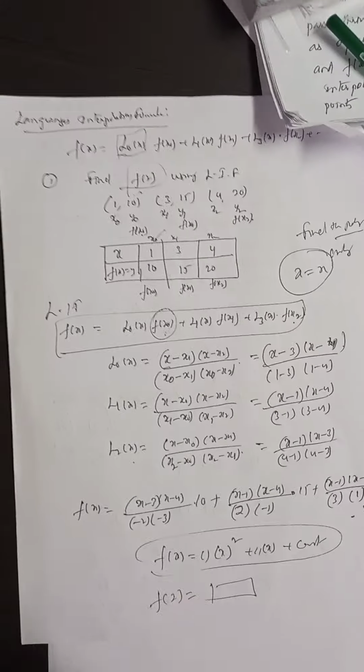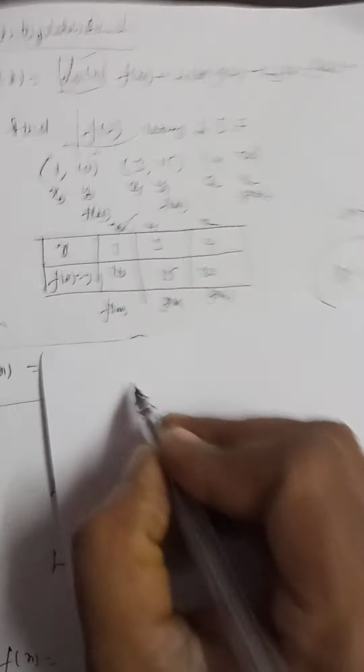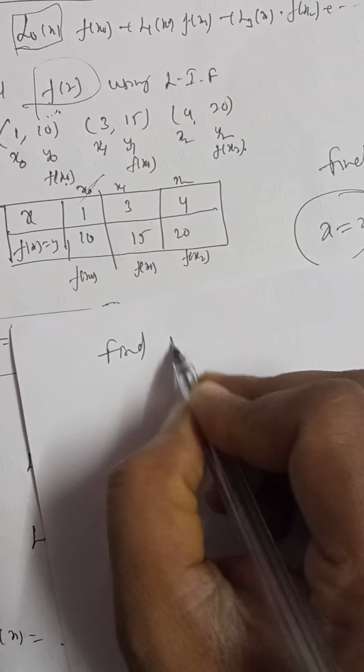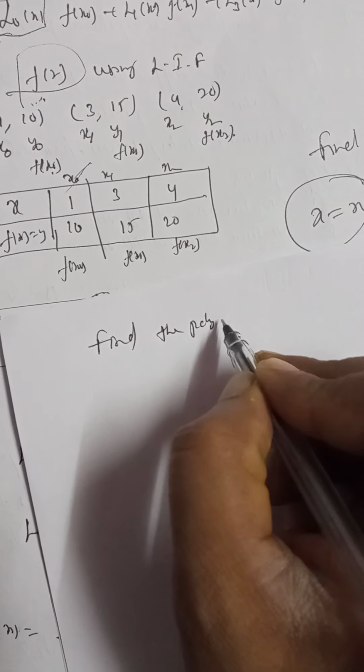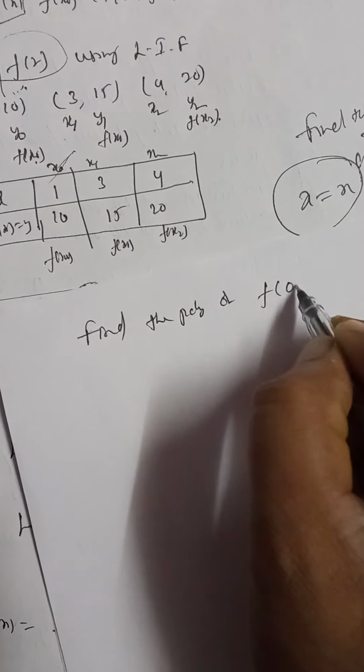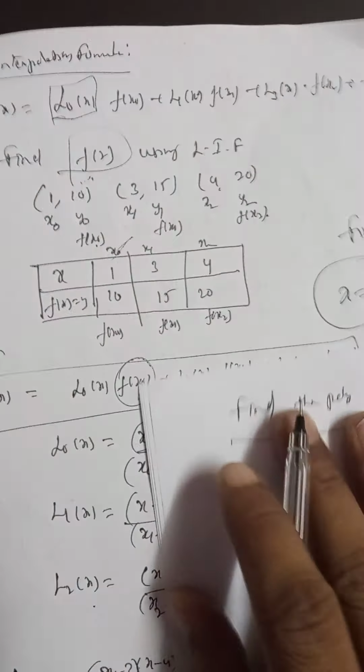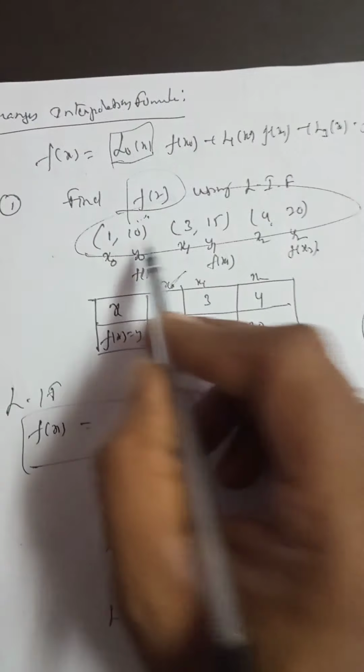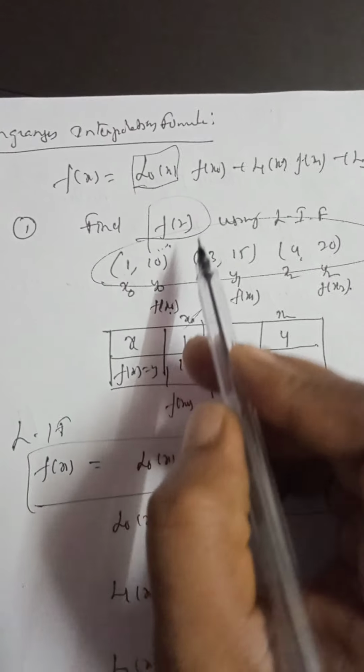This is the procedure. Again, let's look at another Lagrange's polynomial problem. How will they give it? Find the polynomial or f of 0.124 or something, whatever they give. How will the data be given? Data is in this form, that means x value, function value.